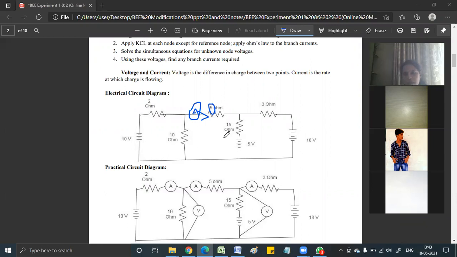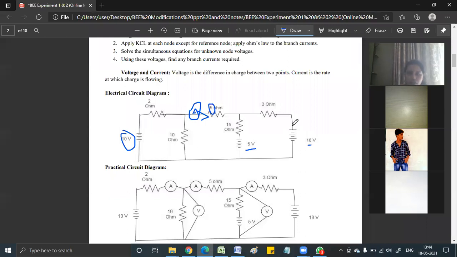Can you tell me what is the superposition theorem? The superposition theorem basically states that you take one source at a time and find the current. So first, if I start off with only the 10-volt source as the active source, the other two sources are the 5-volt and 18-volt.